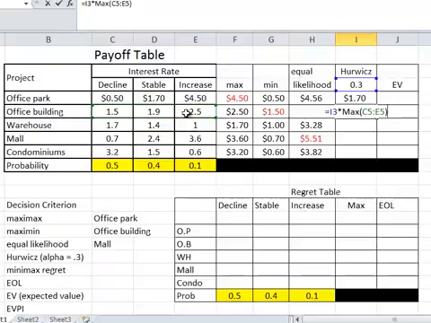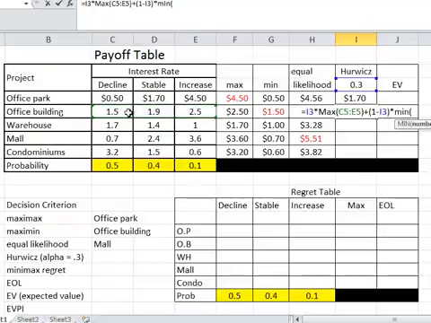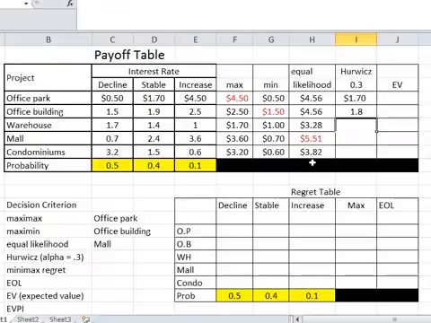On the other hand, there's a 70% chance we're going to look at the worst case scenario. And the worst case scenario for office building will be nothing but the minimum value among 1.5, 1.9, and 2.5. Here we go. We get $1.8 million.